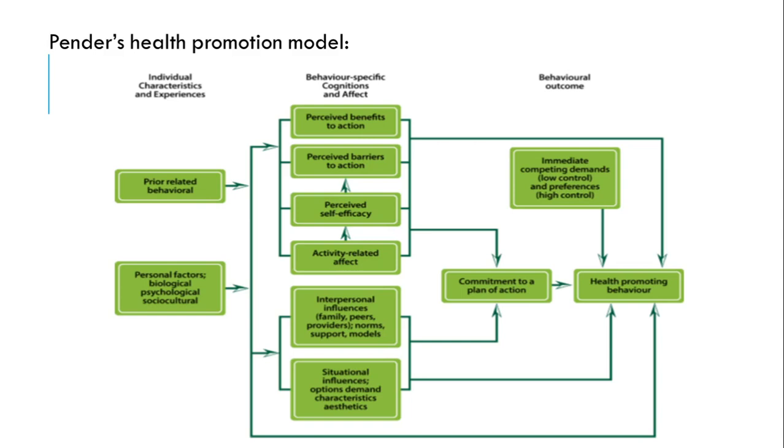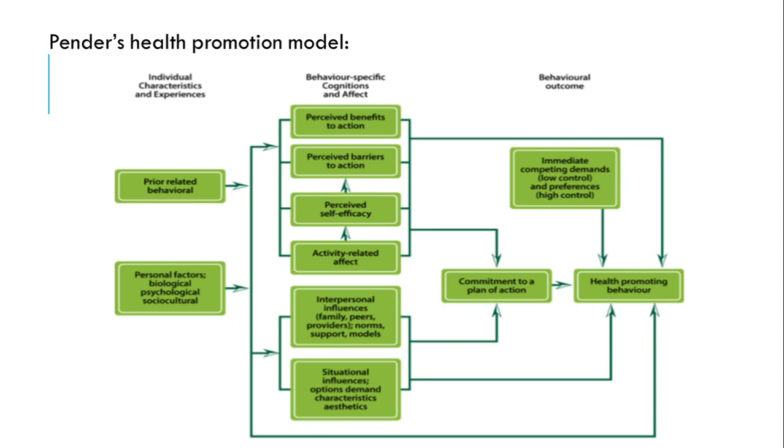Perceived barriers can be an obstacle to action, and perceived self-efficacy or competence increases the likelihood of behavior. Greater perceived self-efficacy results in fewer perceived barriers to specific health behavior. Positive affect toward behavior results in greater self-efficacy.